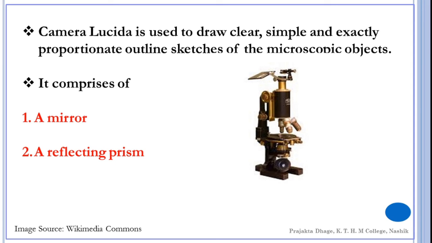Now the surface of the prism is silvered except in a particular area in the center. Okay, now this area is going to coincide in position with the monocular eyepiece. It has an adjustable mirror inclined at 40 degrees both to your desk and also to the prism.